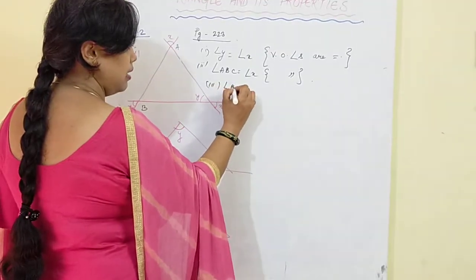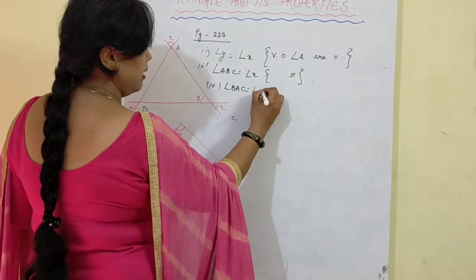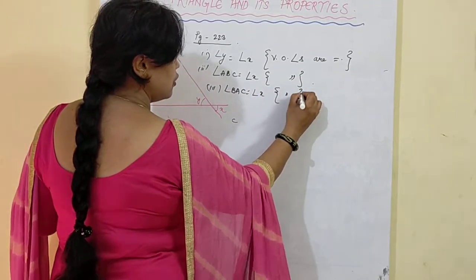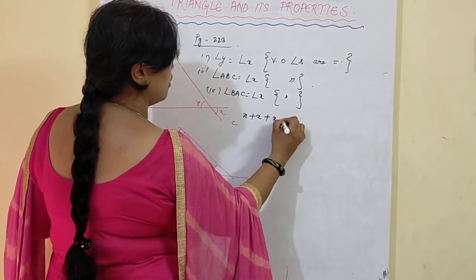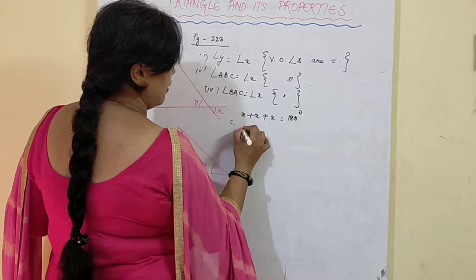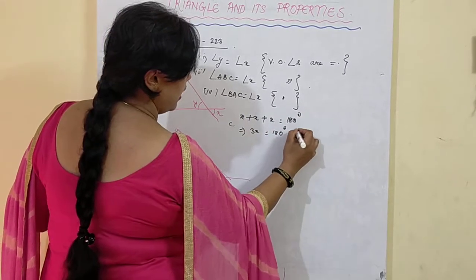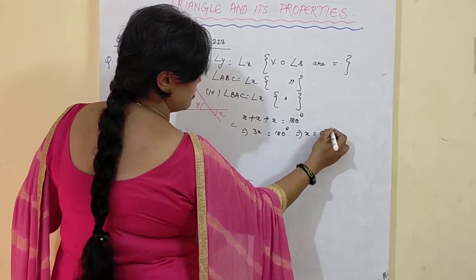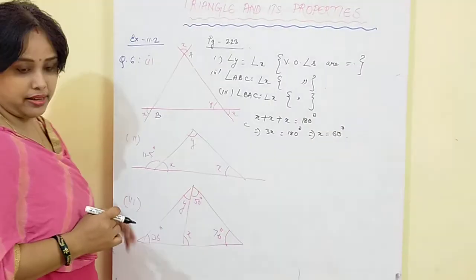Angle BAC is equal to angle x. Same reason. So x plus x plus x is equal to 180 degree. Therefore 3x is equal to 180 degree, or x is equal to 60. So thus x is equal to 60 degree.